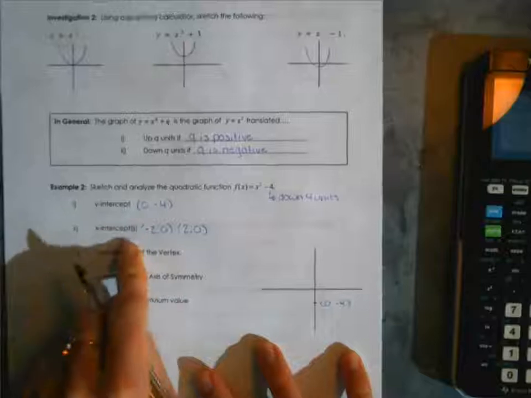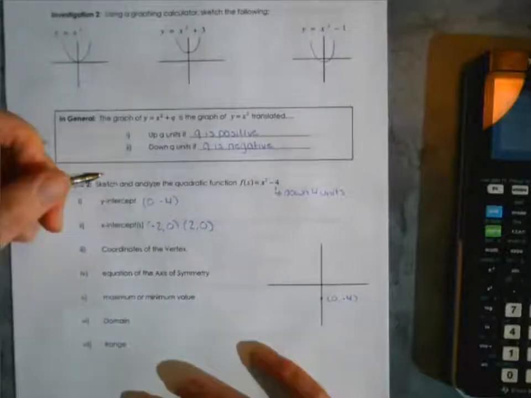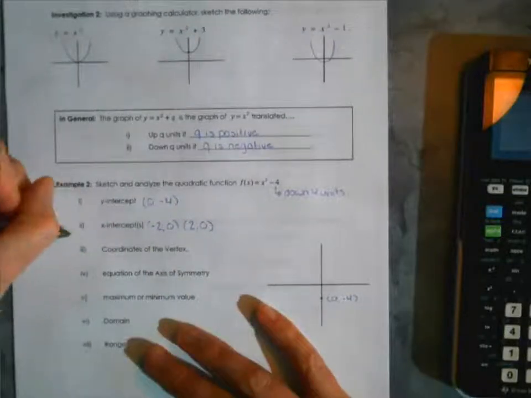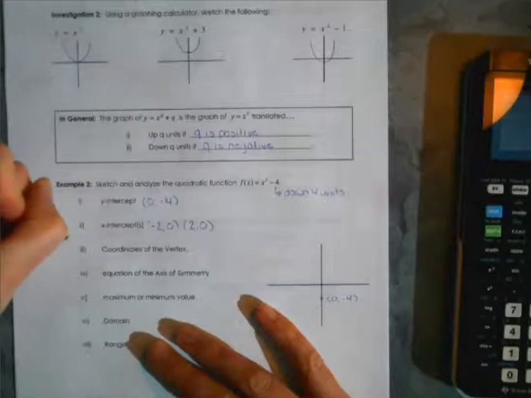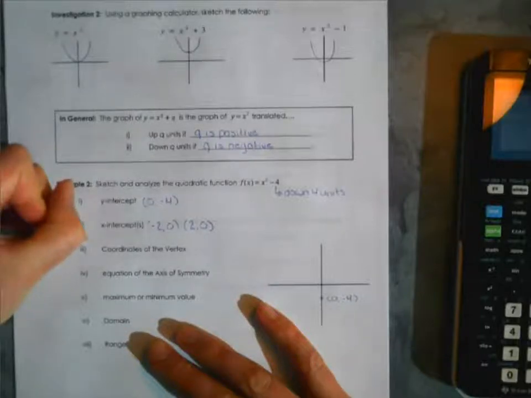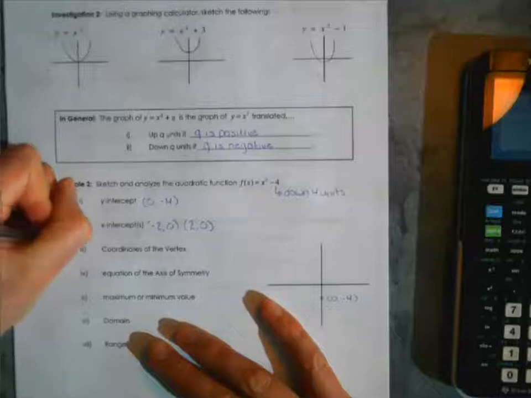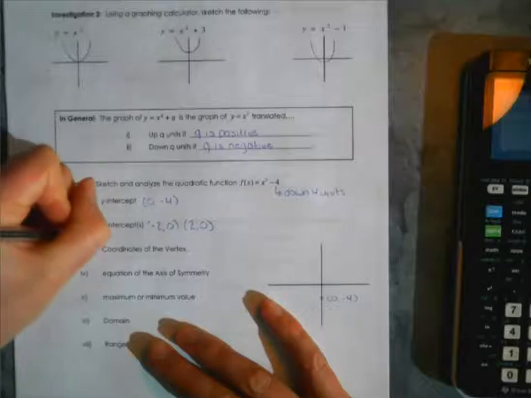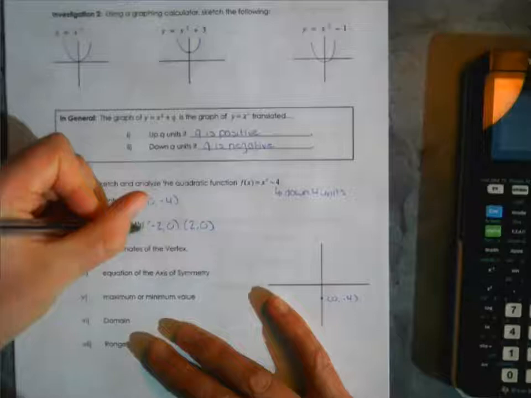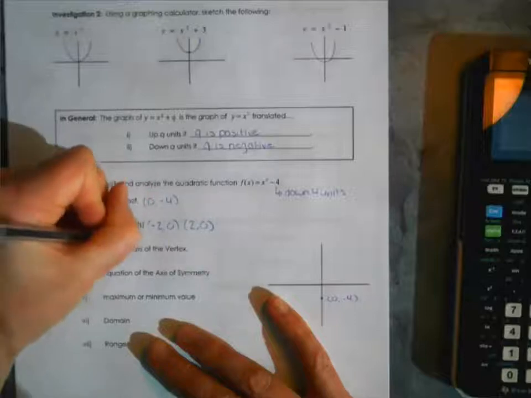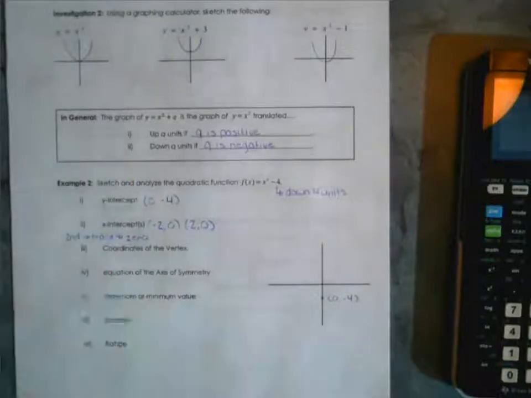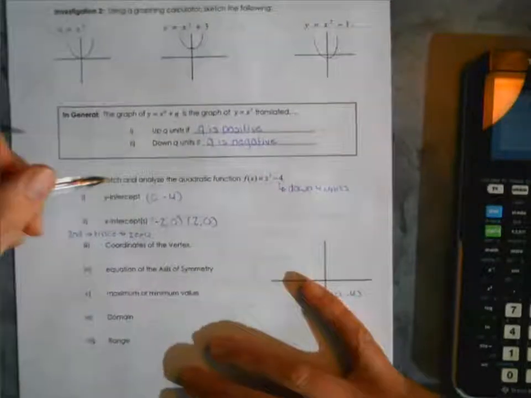Those are our x-intercepts. If you need to remember in the calculator, you hit second function and then trace, and then 0 is the one that you want to choose. Then you just follow the instructions on the screen for left bound and right bound and all of that.